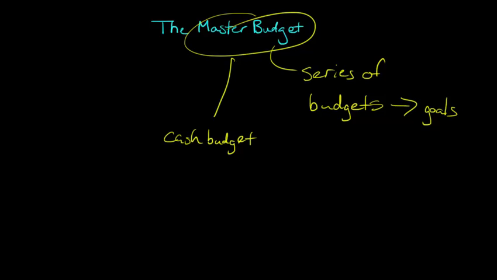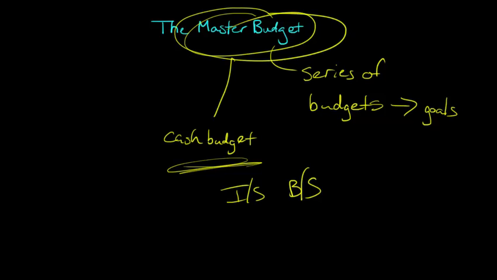Maybe we're a seasonal business and we do most of our sales in the fourth quarter for retail holiday shopping, and we want to make sure we have enough cash in the beginning, and so we do this cash budget, and then also we're going to have a budgeted income statement and a budgeted balance sheet. Those are going to be basically the final output of this master budgeting process.